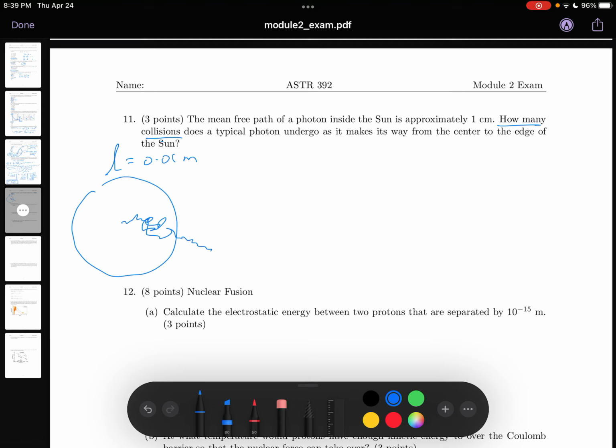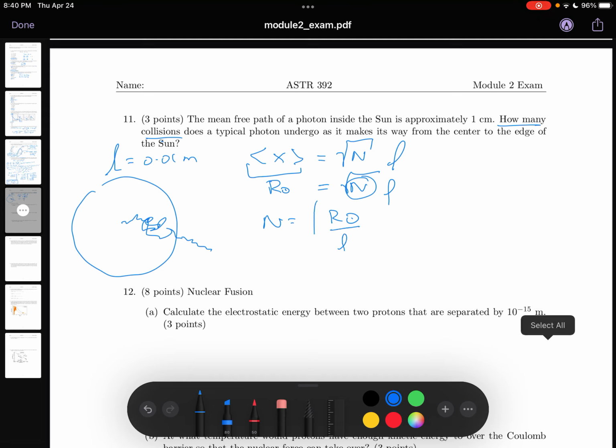Our equation from the equation sheet is that the RMS distance that it travels is the square root of the number of collisions times the mean free path, or the distance between collisions. So this is going to be the radius of the sun, square root of n times L. We're trying to find n. So n is r sun over L, and then we have to square that.